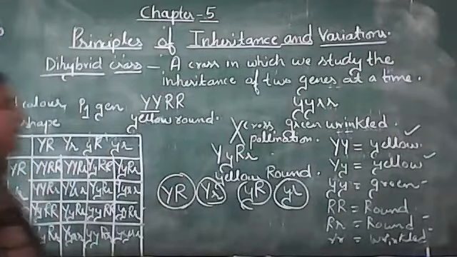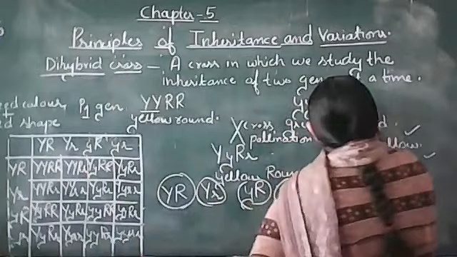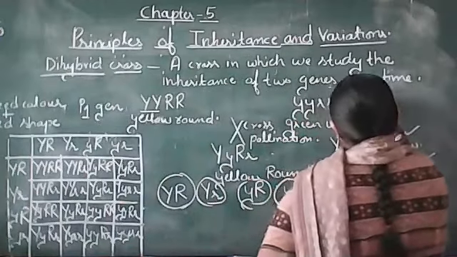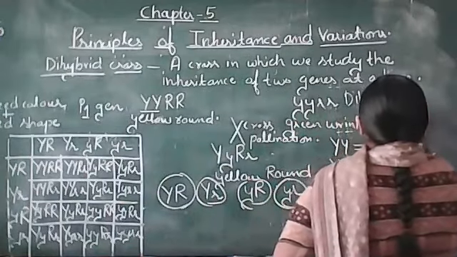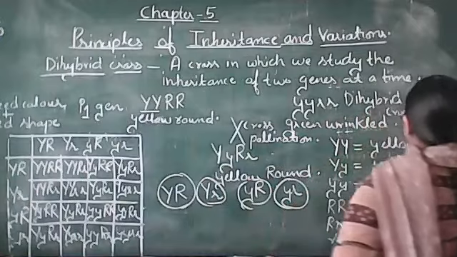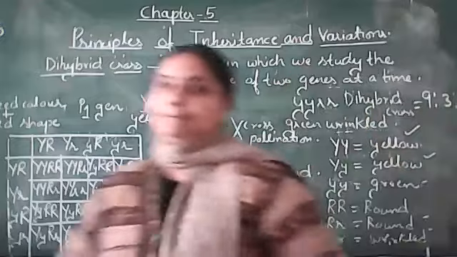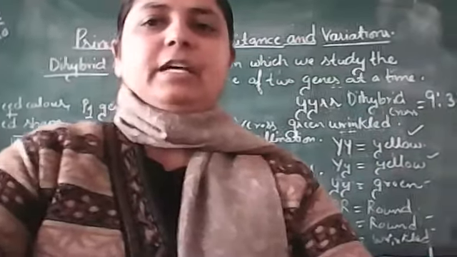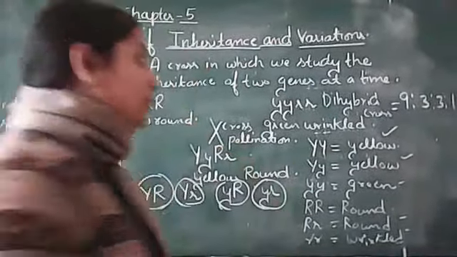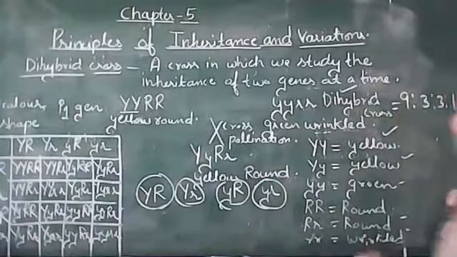So when we do the counting on the basis of these characters, and we obtain the calculations from this Punnett square, what we obtain is that in a dihybrid cross, the ratio is always equal to 9:3:3:1. Okay, students, this ratio 9:3:3:1 is known as the dihybrid ratio.